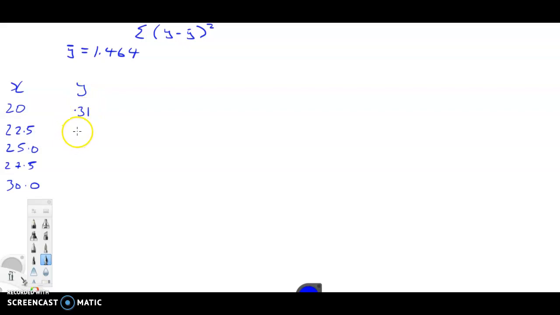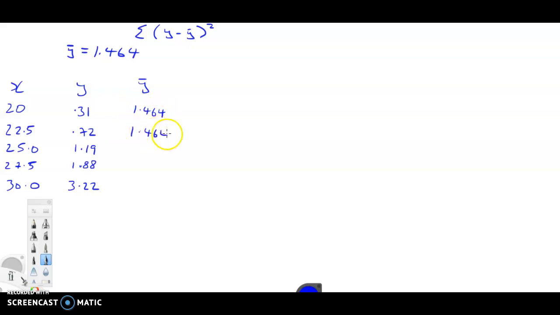And our Y values: 0.31, 0.72, 1.19, 1.88, and 3.22. And then I'll put in the Y bar value here, 1.464 each time.